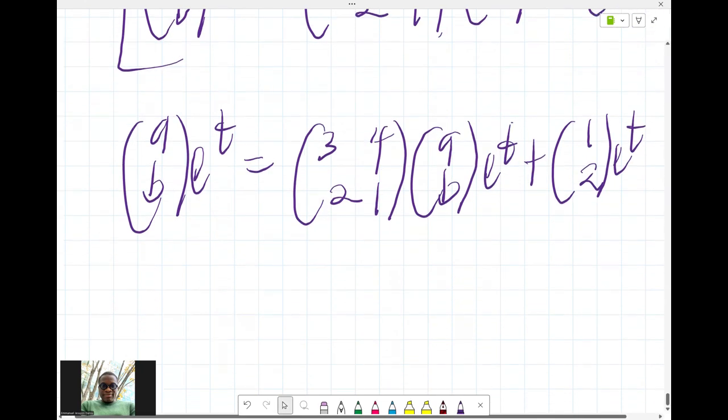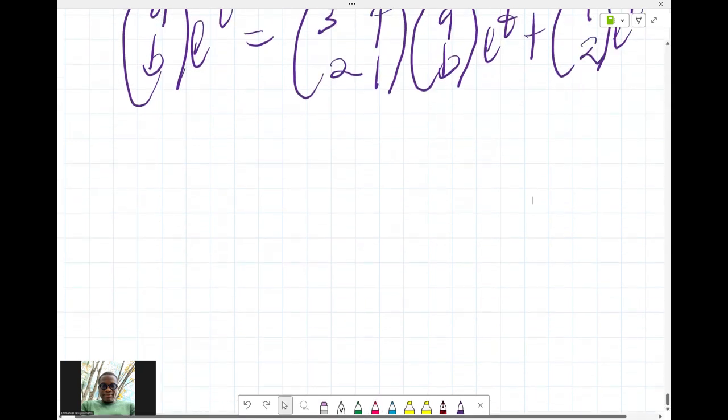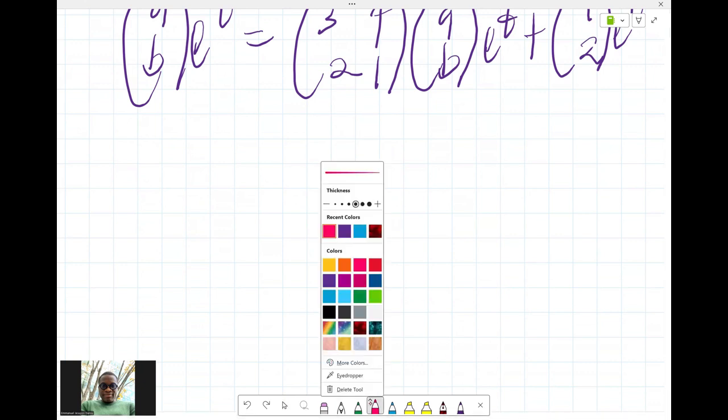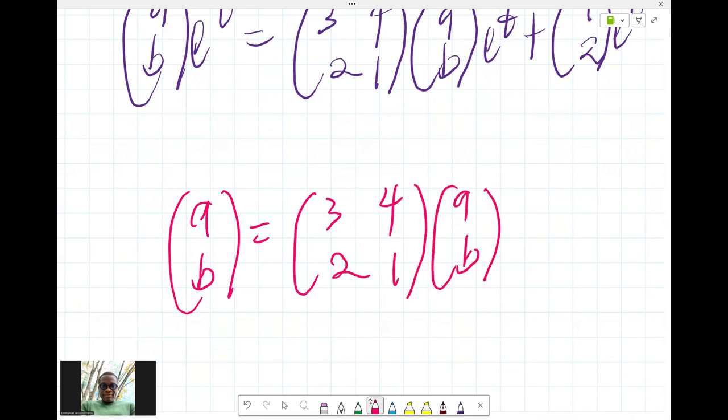So we can divide through by e raised power t, and all of those will just go away. We're now left with ab equals 3, 4, 2, 1 ab plus 1, 2.